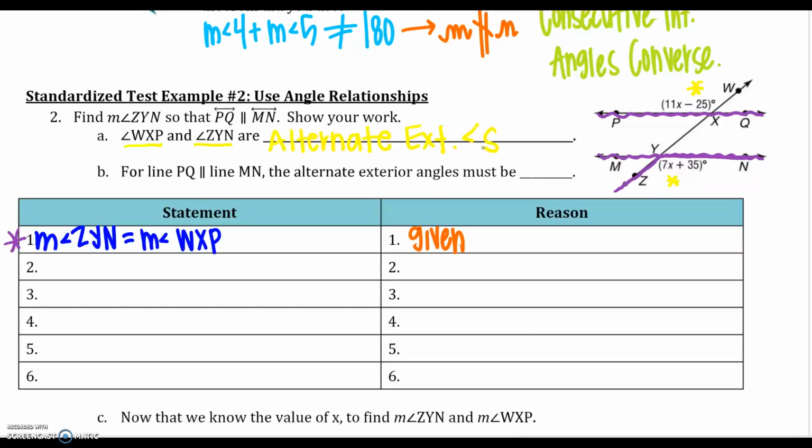And I know that if I want to make lines parallel, alternate exterior angles must be congruent. So if they are congruent, I'm going to set them equal to each other.